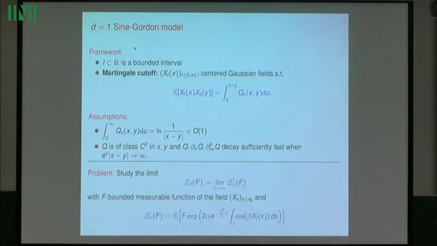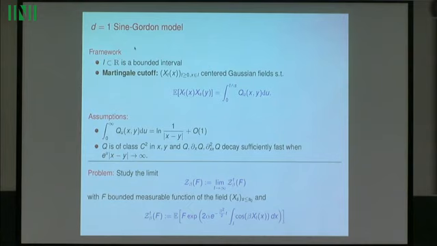You take a family of Gaussian fields whose correlations are given by this integral here. The t parameter stands for the cutoff of my Gaussian field. When you send t to infinity, the covariance is given by the integral between 0 and infinity, and you ask for this total covariance to be a log.